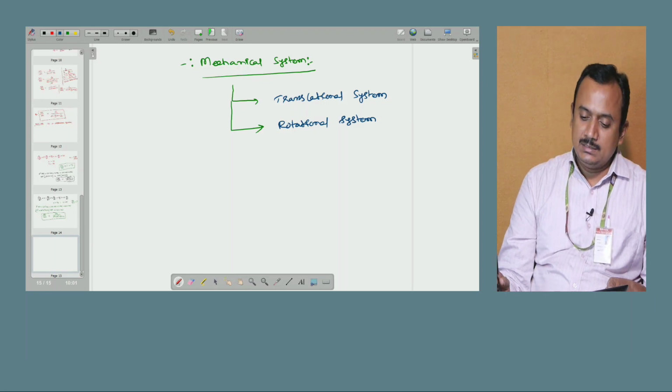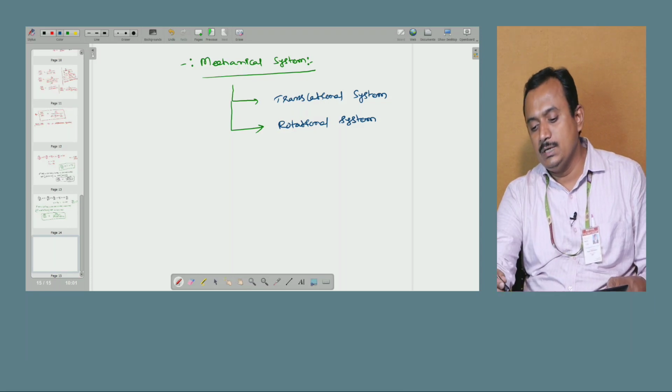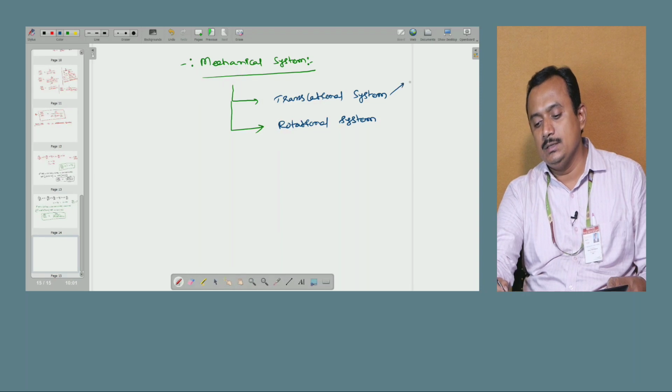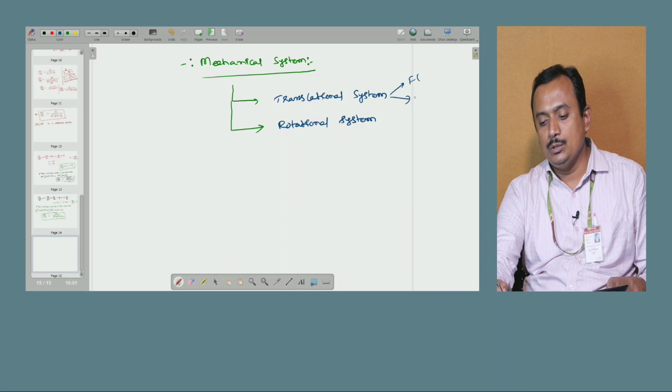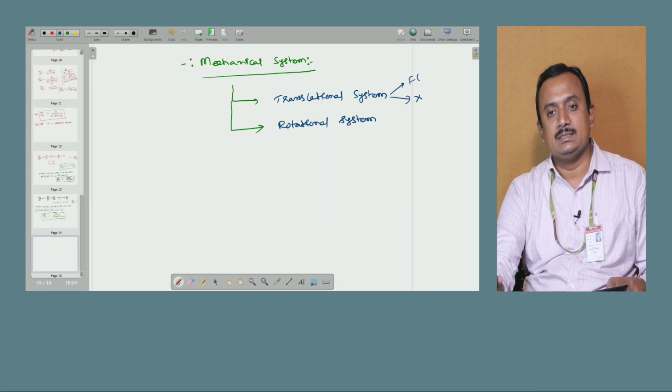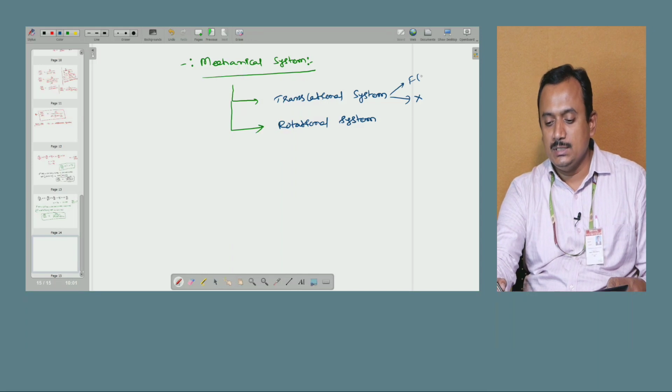In case of translational system, we will consider the input is force, that is F, and the output is distance, that is x. And when it comes to the Laplace transforms, it becomes F of s and the distance becomes x of s.